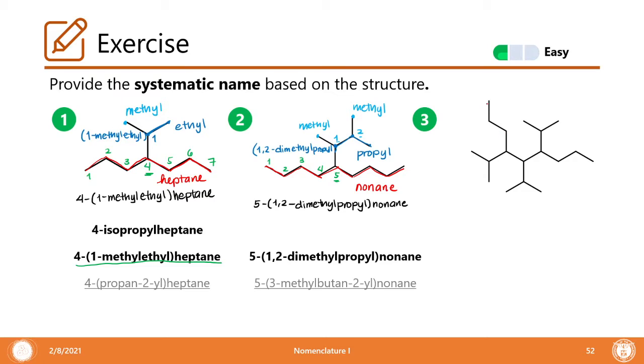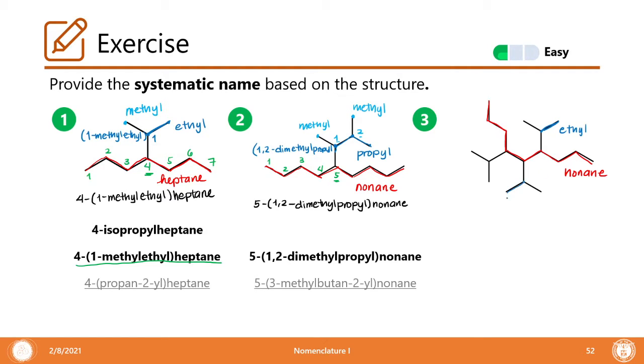Let's do this. Longest chain: 1, 2, 3, 4, 5, 6, 7, 8, 9. So we have nonane again. And we have 3 of these groups, and they actually look the same. But let's confirm that. So I will do again 1, 2, you have ethyl.